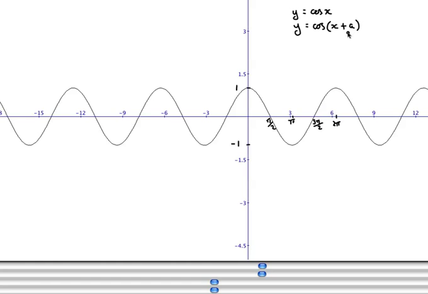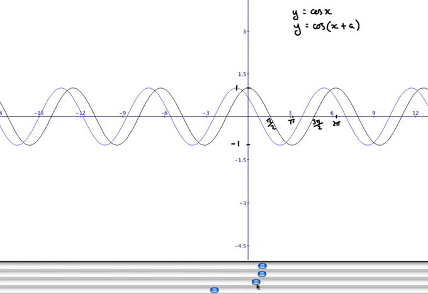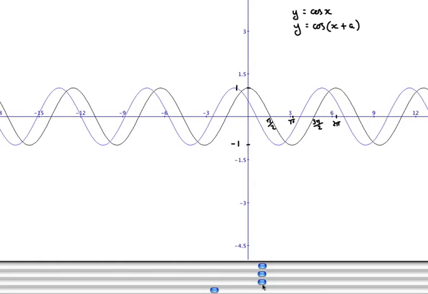What I'm going to show you is I'm now going to change the value of a slightly. Let's add a bit. Now you can immediately see what's happening. I'm up about 1 now. I'm adding 1 radian, and the graph has moved to the left. So adding 1 radian has moved the graph 1 radian to the left.